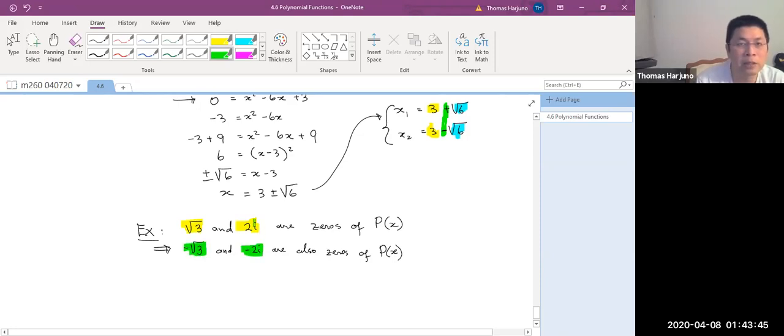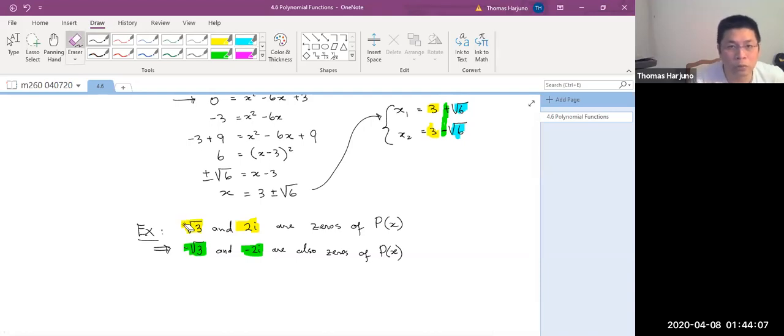Then I see this polynomial must be at least degree 4, because we know 2 zeros, one irrational and one complex. The irrational one has its conjugate also a zero. The complex one has its conjugate also a zero.